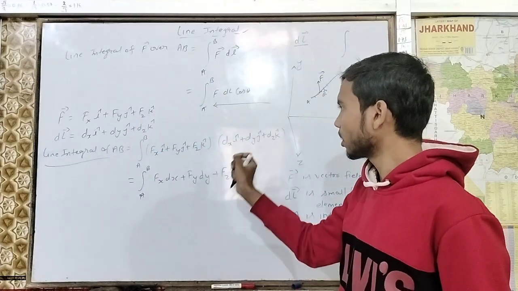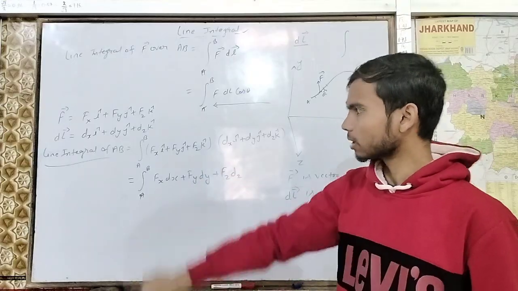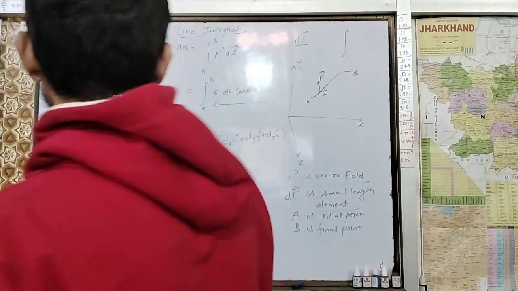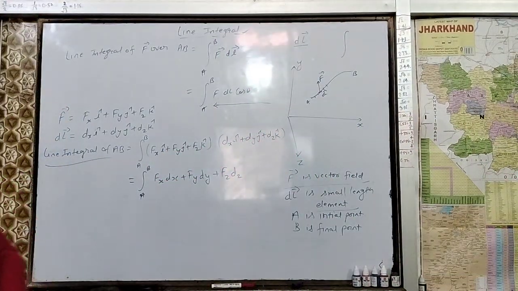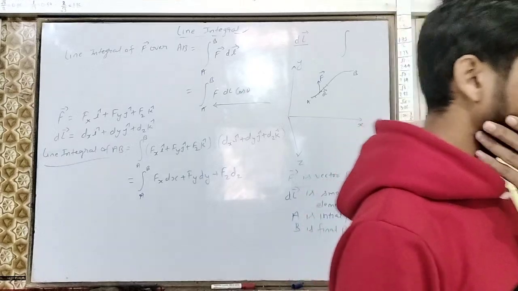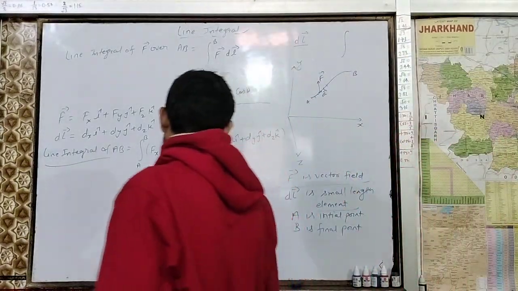Then we used the dot product, and after using the dot product, we got this result. This is a derivation, and derivation provides logic. Now we are able to move on to the discussion of the surface integral. The line integral is done.